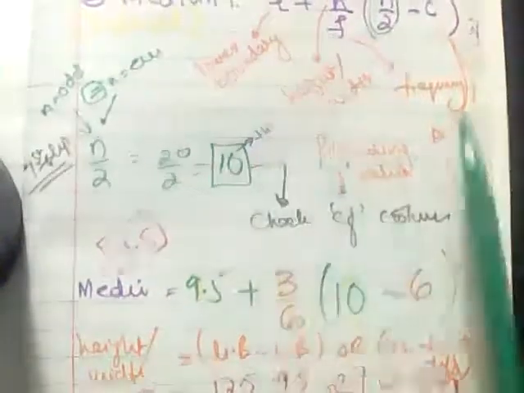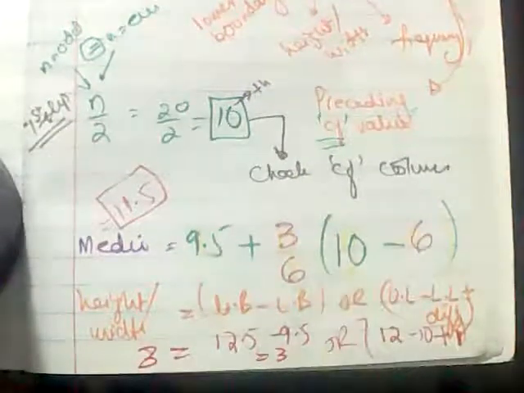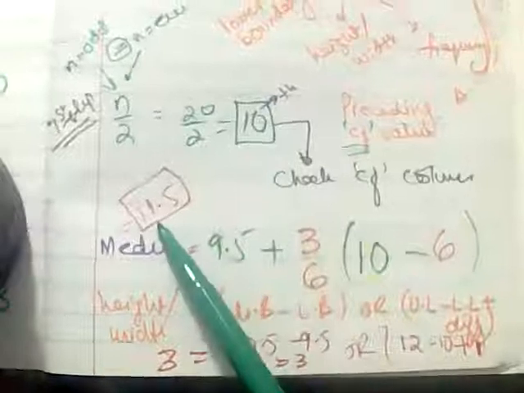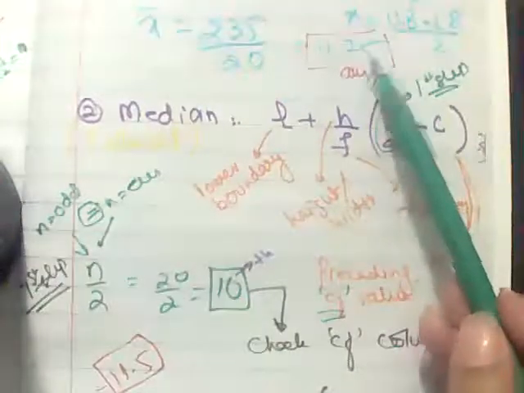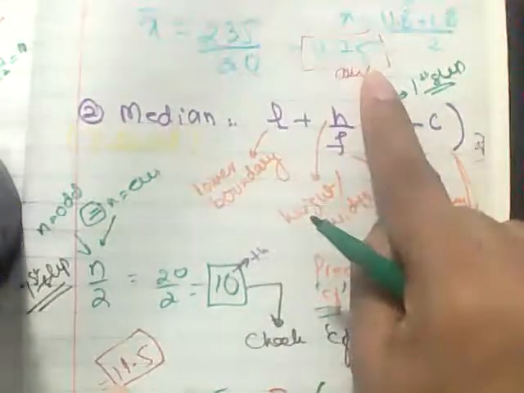You plug in everything in this formula, right? I have written every value here. Plug in every value here and get the answer. Your answer is 11.5. So your median is 11.5. Your mean is 11.75. Very close, right? So that means we are doing good.